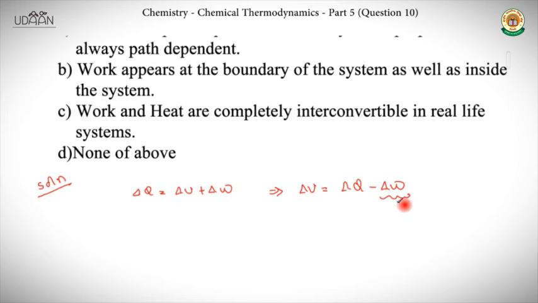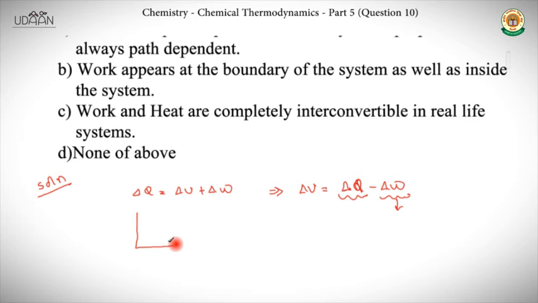Is it a path function or state function? It's a path function. And similarly, heat is also a path function. Why is that? If I have a system and I am supplying heat to it, I can maintain the system at constant pressure and supply heat, or I can maintain constant volume and supply heat.